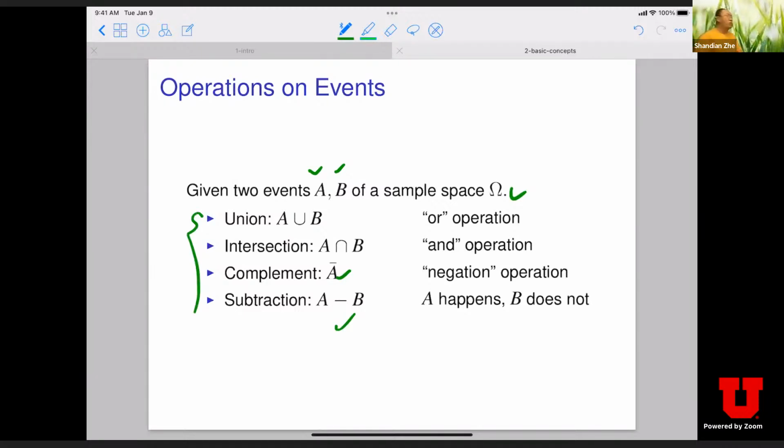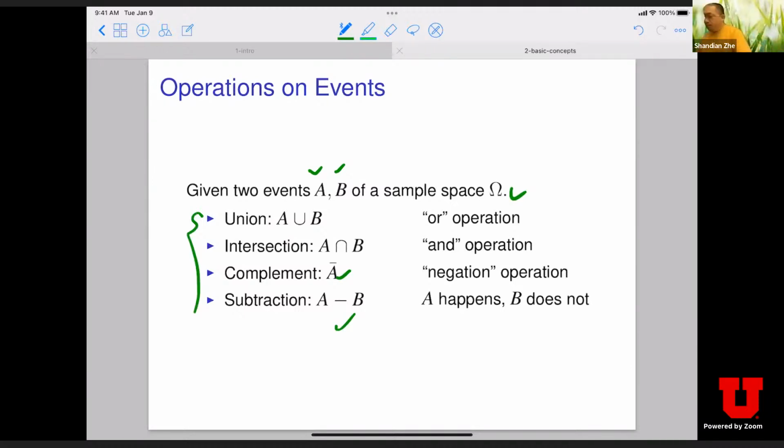Then that leads to a question. What possible set of events should we choose? You can define all possible events which you're interested in.